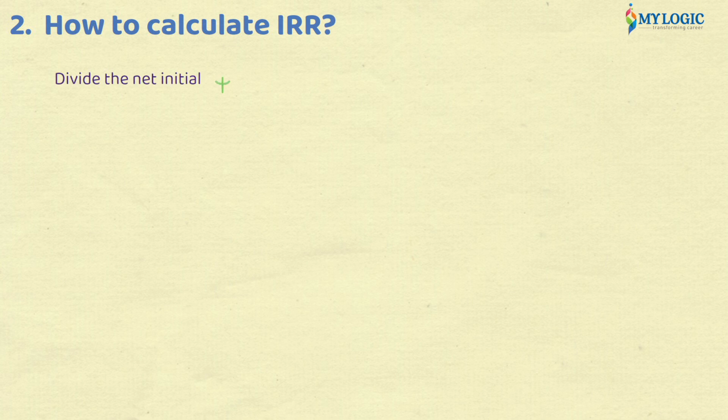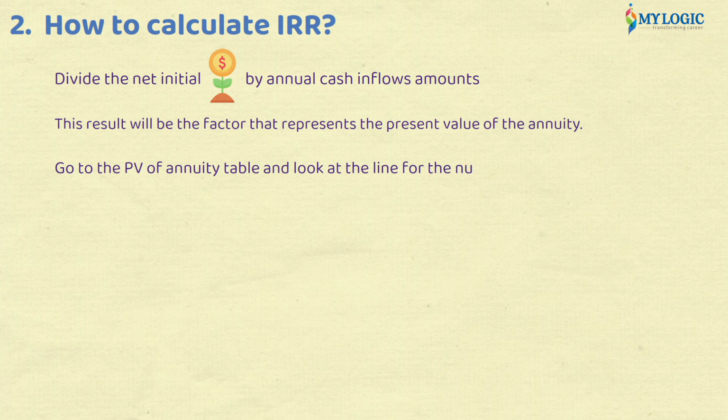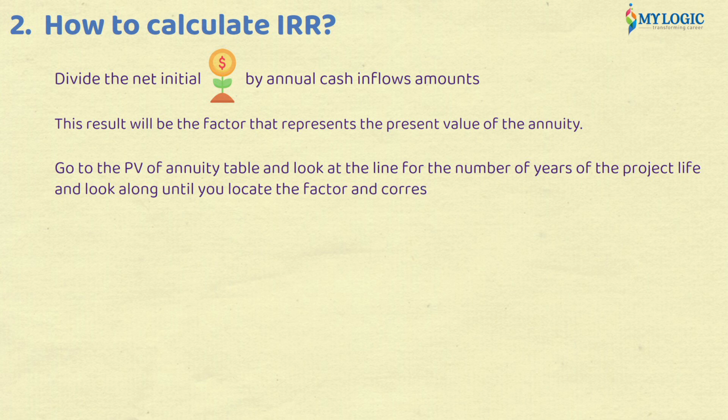Number 2. How to calculate IRR? Divide the net initial investment by the annual cash inflow amount. This result will be the factor that represents the present value of the annuity. Go to the PV of annuity table and look at the line for the number of years of the project life, and look along until you locate the factor, and corresponding to that, identify the discount factor.